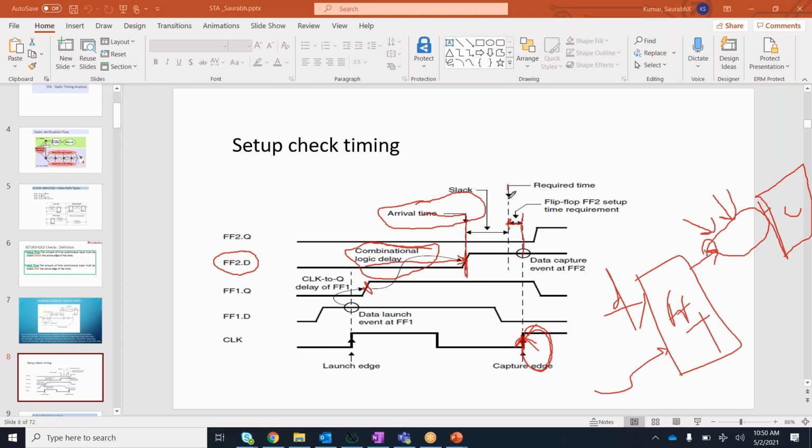What is my rule? All the data must arrive before the setup time.